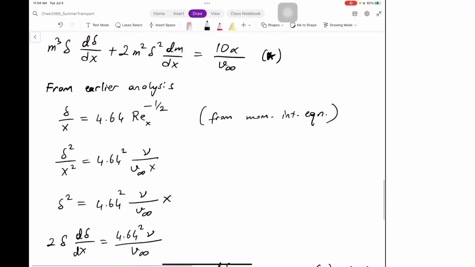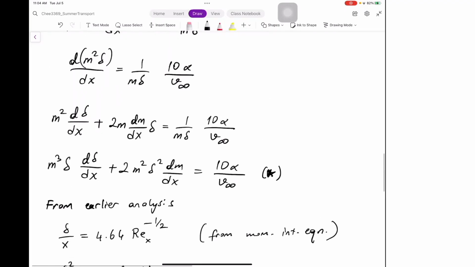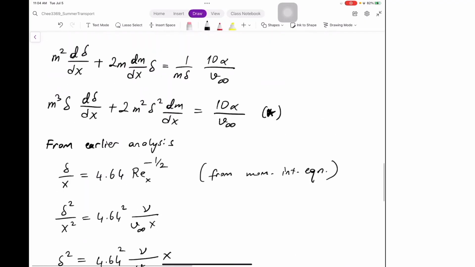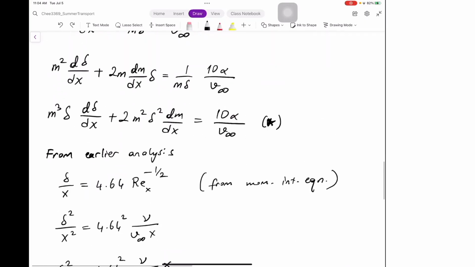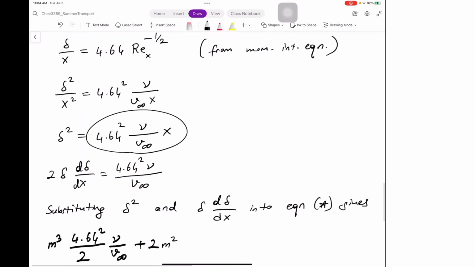So we're going to plug in this one and this one. We get m cubed 4.64 squared over 2 nu over V infinity, right? Okay, plus 2 times m squared times delta squared. Delta squared is this.